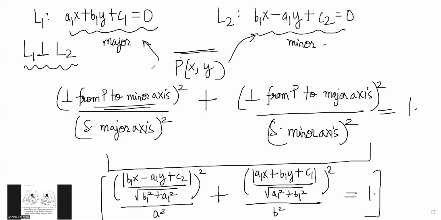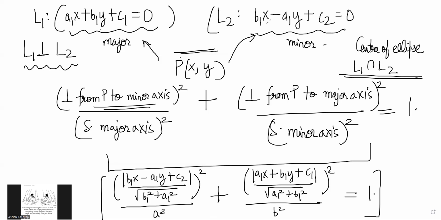So notice that given any two perpendicular lines as the major and minor axis, we can still find the equation of the ellipse, right? Here the center of the ellipse would be the point of intersection of L1 and L2. You have to solve this line and this line, the major and minor axis, and the point of intersection becomes the center.